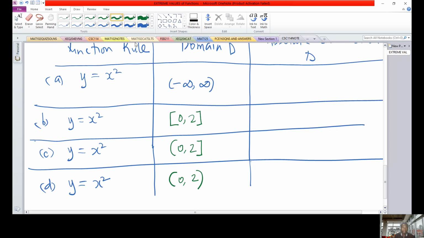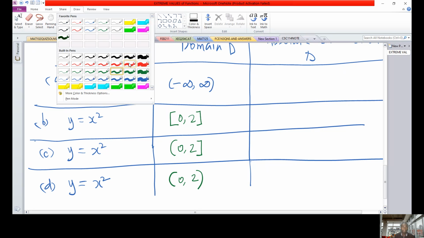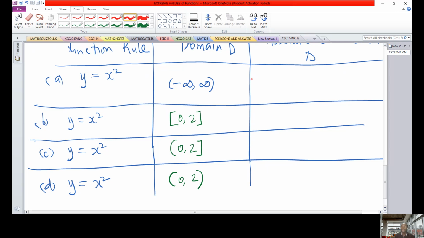So for the first domain, this function x squared has no absolute maximum, and it has an absolute minimum of 0 at x equals 0.